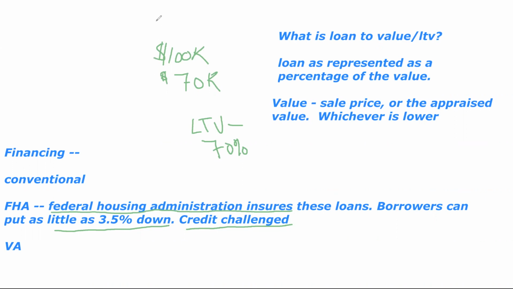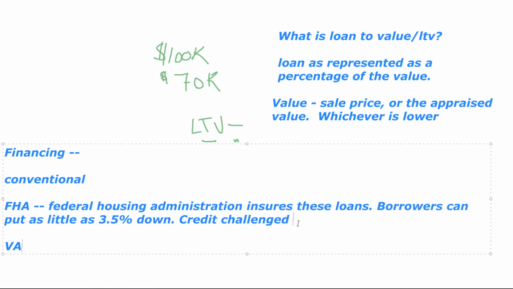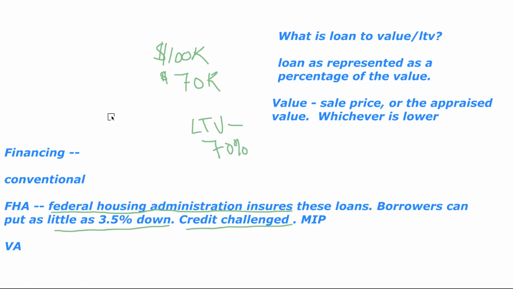Now, FHA loans do have something called MIP. Who knows what MIP is, aside from my mortgage geniuses? I'll tell you what that is. That stands for mortgage insurance premium.